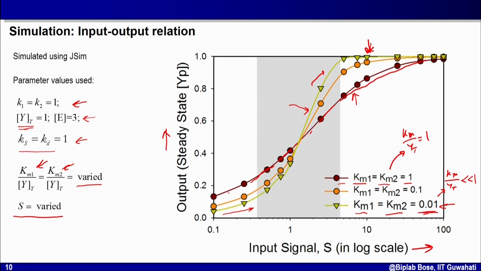But if my ratio of Michaelis-Menten constant to total Y is smaller than 1, that is this green line, then I get this sharp sigmoidal behavior. And as you can see, in this shaded region, if you vary S, the output, that is Yp, will change very drastically, sharp. So this region is ultra sensitive.